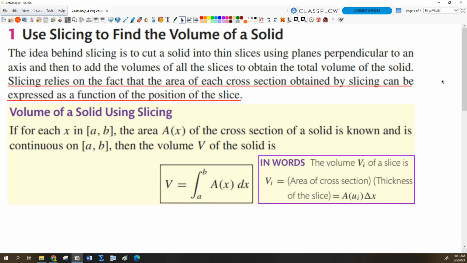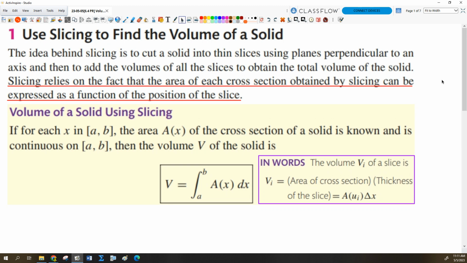Okay. The stuff we did yesterday, volumes of revolution, all have rotational symmetry about some axis, right? Does that make sense? You guys know what a lathe is? A lathe is a machine that spins some object, and then you can come along with a tool and carve the object as it spins.